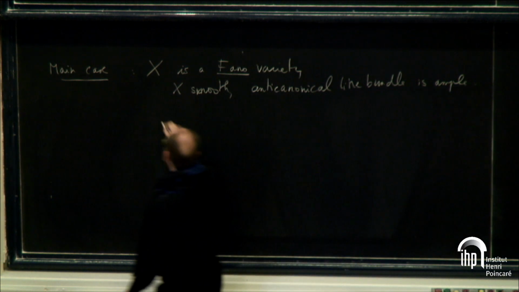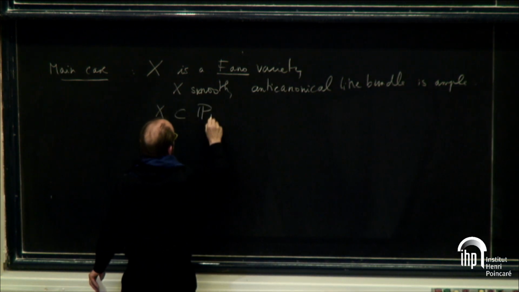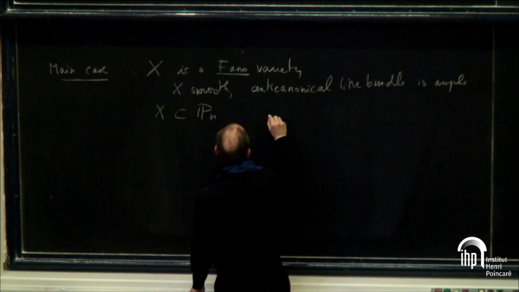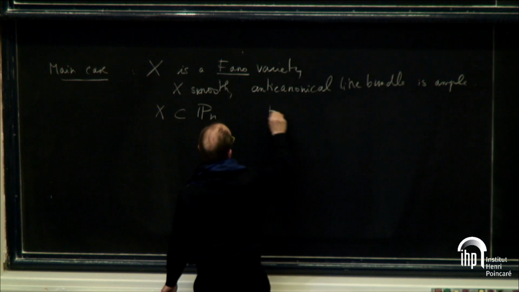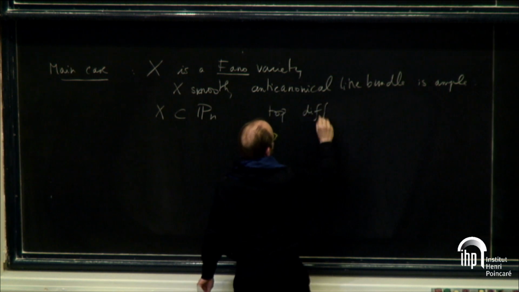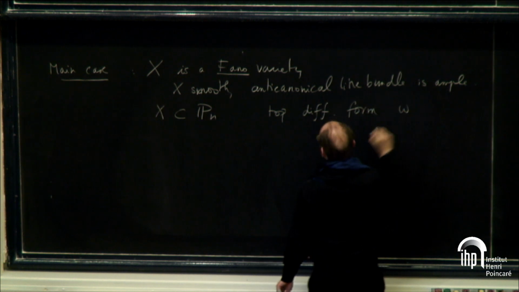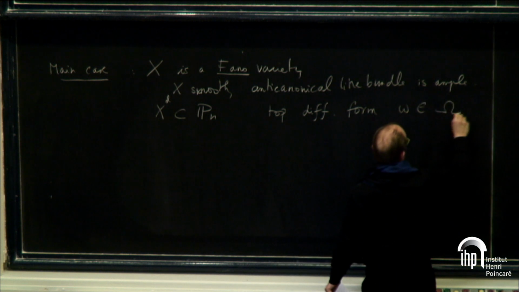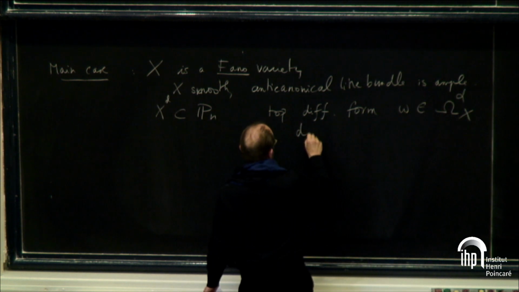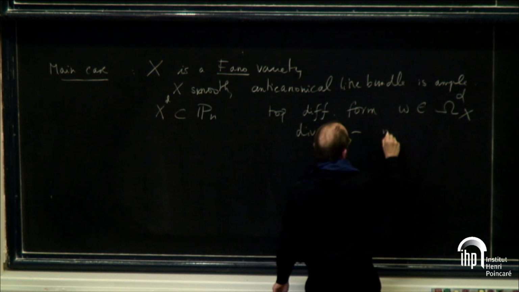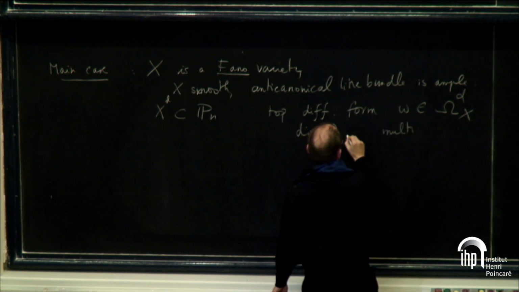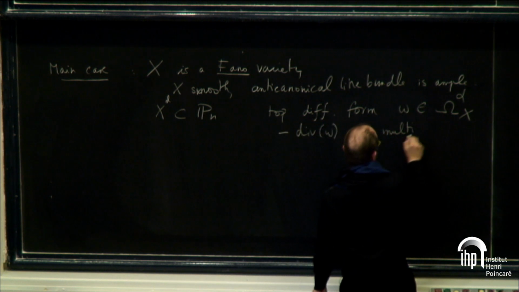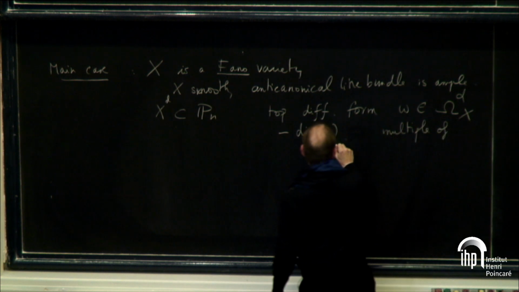Just to be concrete, it means that X can be embedded in P^n, with a top differential form omega. If X has dimension D, omega would be a D-form, and you assume that the divisor of omega is a negative multiple of a hyperplane section. So minus the divisor of omega is a positive multiple of a hyperplane section.